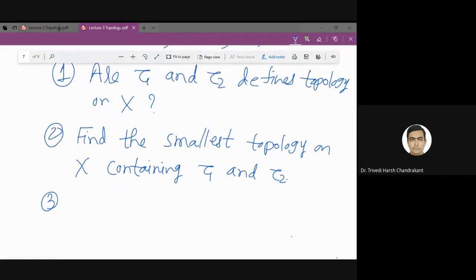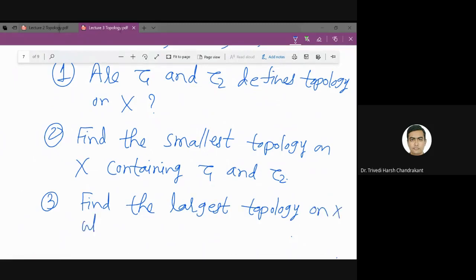And the third question is: find the largest topology on X which is contained in both tau1 and tau2.